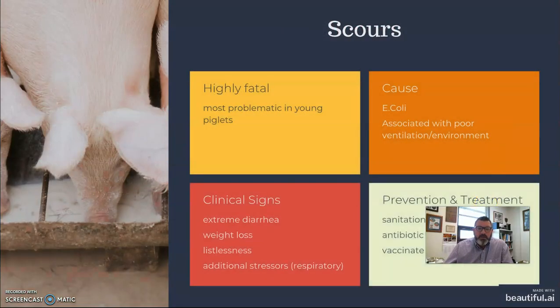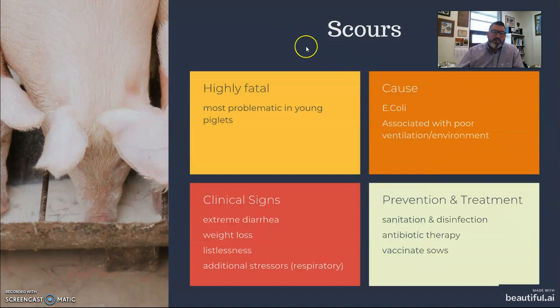Next, let's talk scours in pigs. This is one that's extremely common and one of the leading causes of death in baby pigs. So it's very, very highly fatal. Clinical symptoms here are extreme diarrhea, quick weight loss, listlessness, maybe associated with something respiratory going on. And there's our friend E. coli again causing this particular problem.